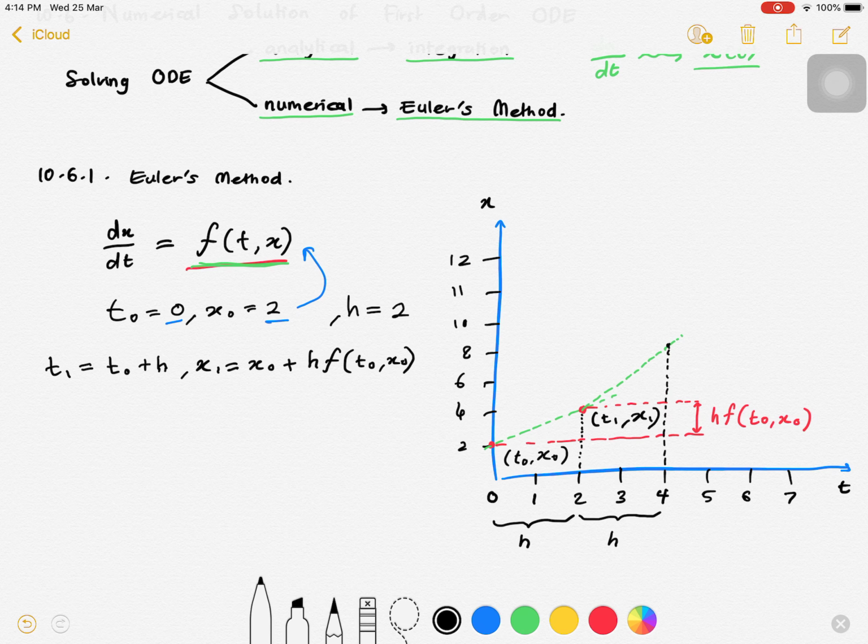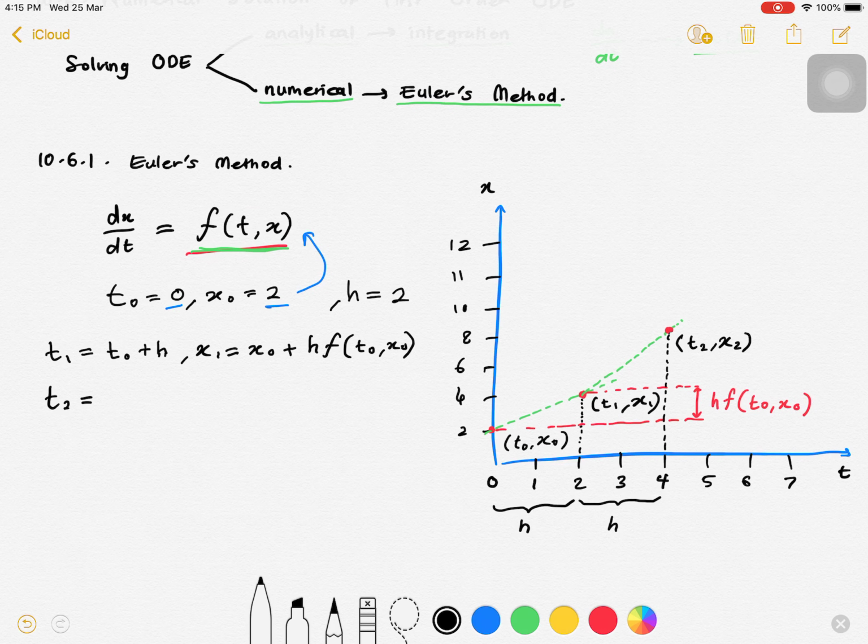Okay, so for this point, I denote it as t2, x2. So what is the value of t2? Again, as I've told you, t2 is equal to t1 plus h. This t1 is equal to 2 right here, and when added to 2, it will be 4.